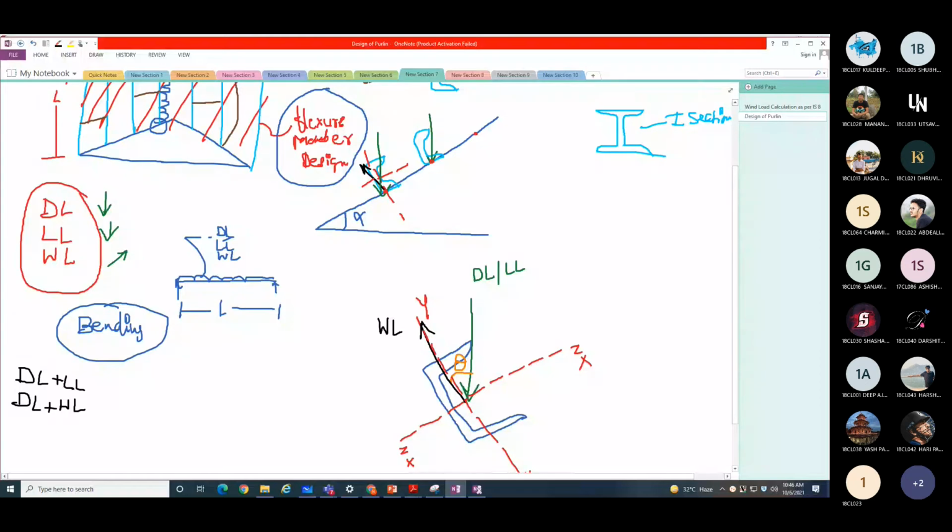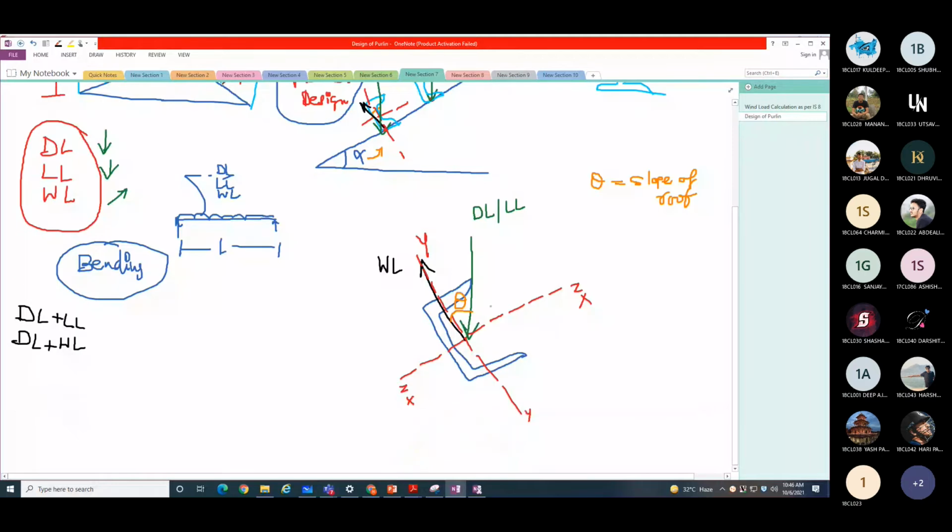It is the same as the slope, so theta is equal to the slope of the roof. So now you can do the transformation of dead load and live load on this slope.